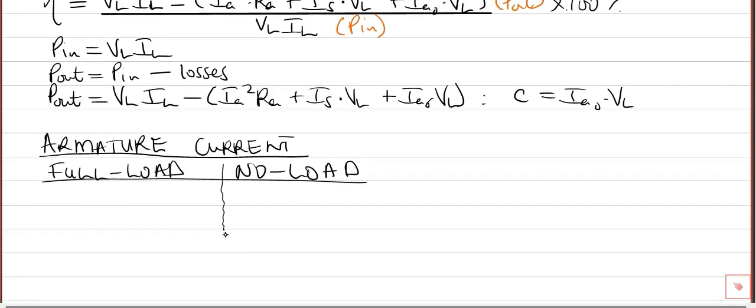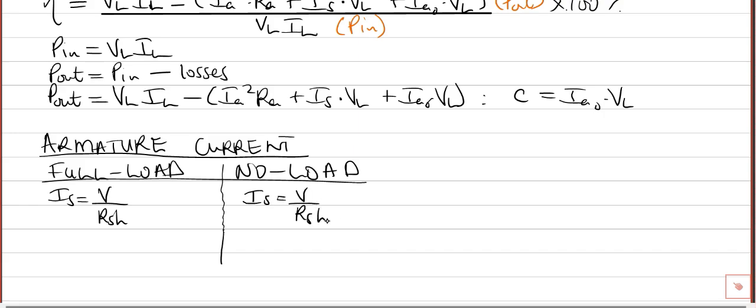At full load and no load, the one thing which is the same which you may be required to calculate is the shunt current. Shunt current we will always say V over R shunt, same as on the no load, V over R shunt.